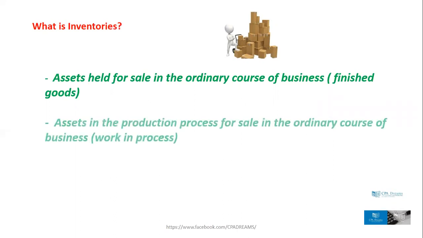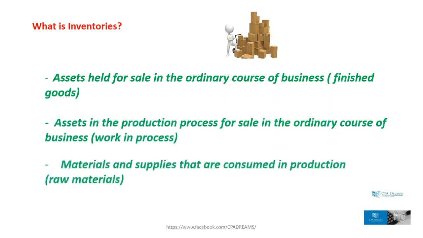But what are other inventories? Those are assets in the production process for sale in the ordinary course of business. Here you undergo a production process, so if you are running a manufacturing company, you have different types of inventories. Also, materials and supplies that are consumed in production, which are the raw materials.